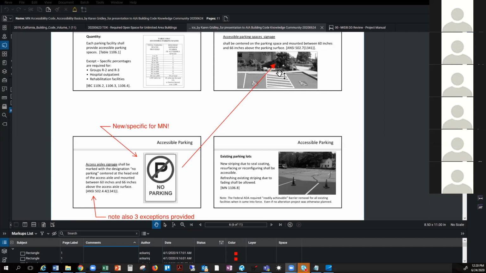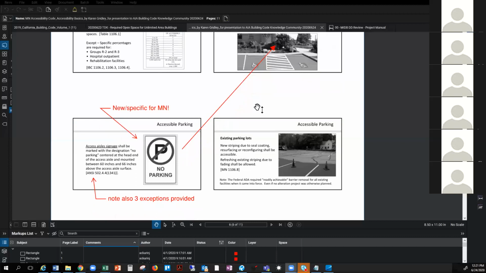But when one is available, then that's what the subgroup within our committee was striving for, because too many times this doesn't get cleared out and people don't realize it, and then they end up parking here, and then these become very difficult to work with, especially if you have a van accessible spot and you need to have that access for your ramping. So that was an important thing that they wanted to make sure we had in the provision specifically for Minnesota.